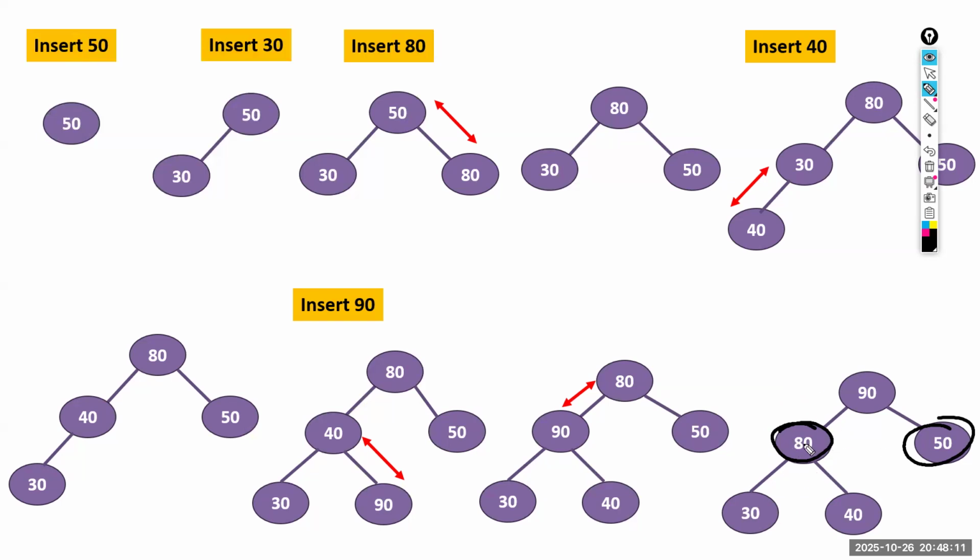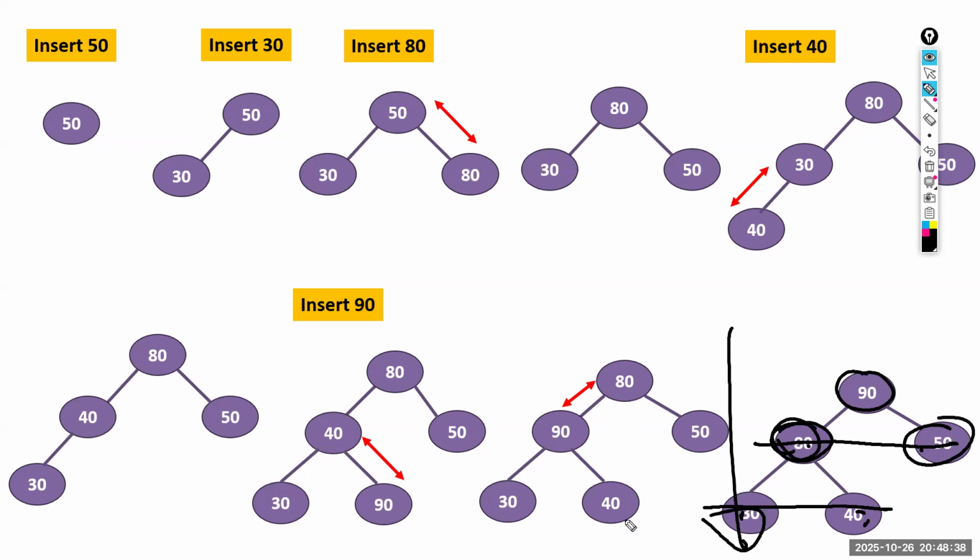So don't worry, this is 80 and this is 50 is perfectly fine, or whether this is 50 and this is 80 is also fine. The only thing is, if you take a node, its below node must be smaller than that. We don't care whether 40 is here, 30 is here, or whatever. We care about sorting in this way.